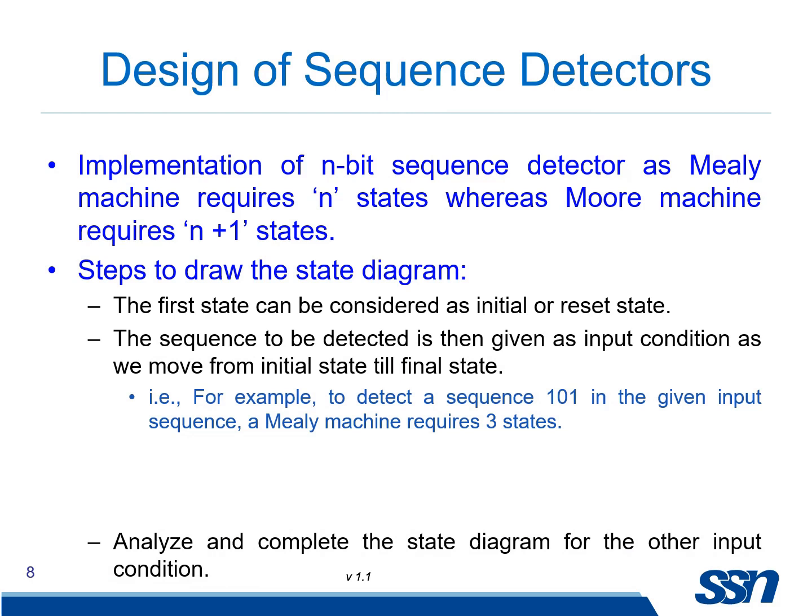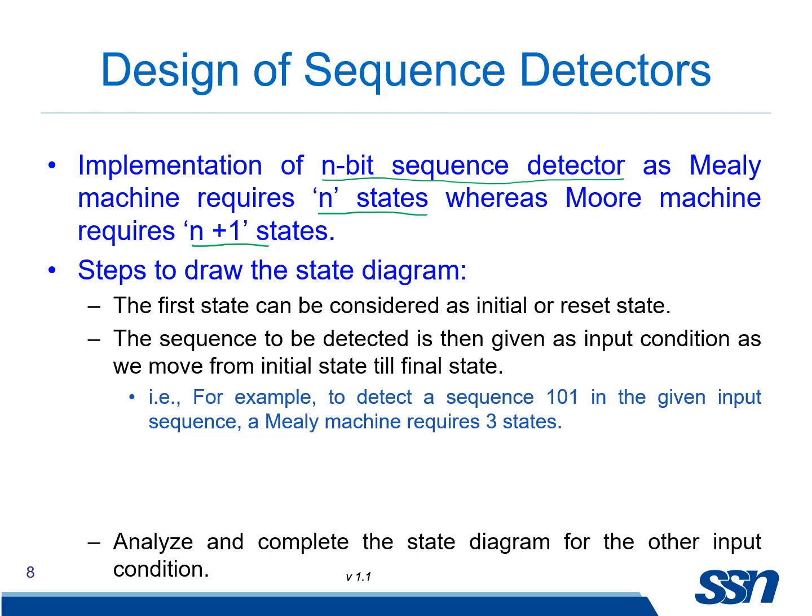In order to implement an n-bit sequence detector as a Mealy machine, this requires n states, whereas a Moore machine requires n plus 1 states. So to draw the state diagram, as I was mentioning, with a Mealy machine you need n states.